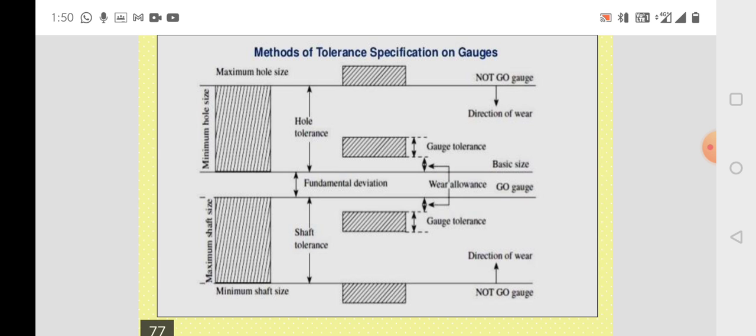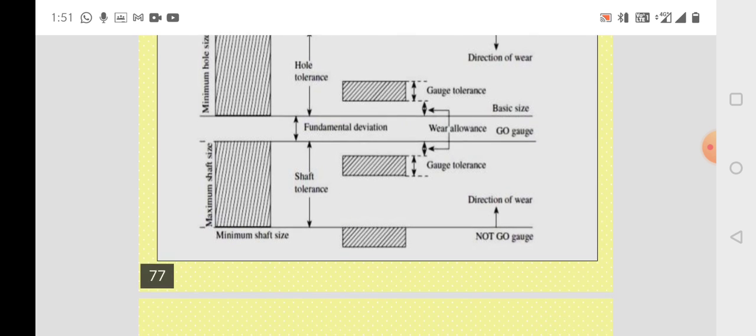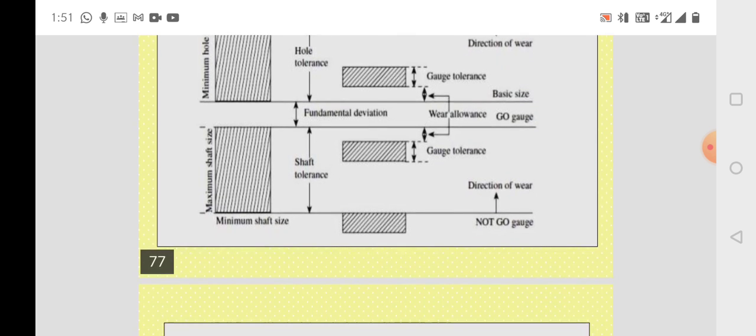Here for the shaft, the total tall shaded region is shown as the tolerance, that is work tolerance for the shaft. शाफ्टवर वर्क टॉलरन्स किती आहे ते आहे. जो नो गो गेज आहे तो याच्या बाहेर आहे, लोअर लिमिटच्या, तो गेला नाही पाहिजे आतमध्ये म्हणून त्याला बाहेर ठेवतात. आणि त्याची जी वरची हाईट आहे त्या गेज टॉलरन्सची ती या मिनिमम लिमिटला मॅच झालेली आहे आणि जी त्याचा टॉलरन्स आहे तो त्याच्या खाली आहे.